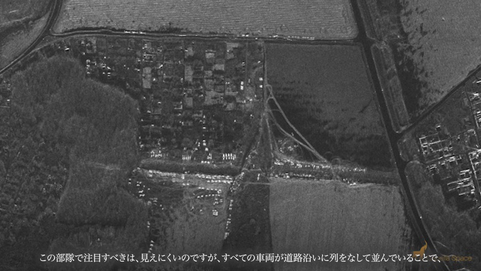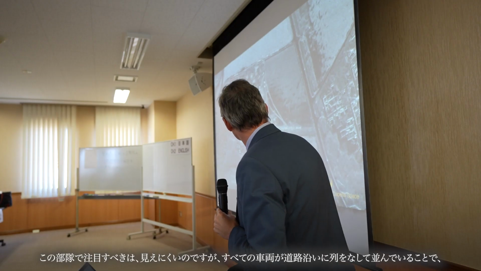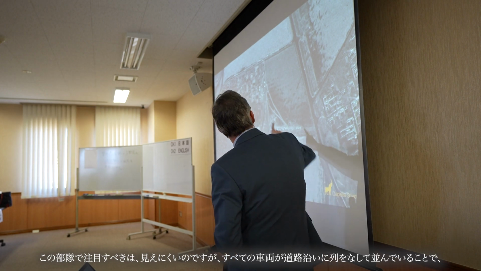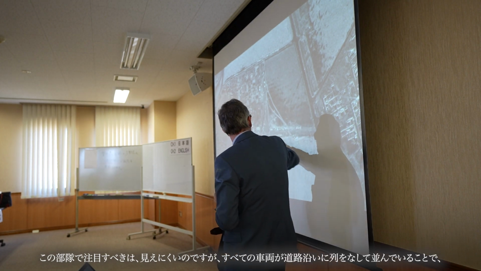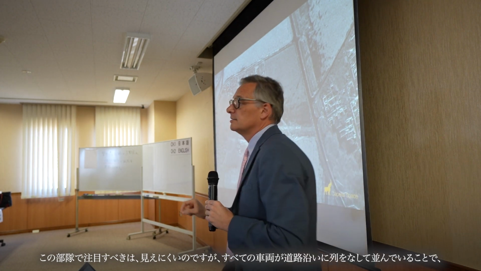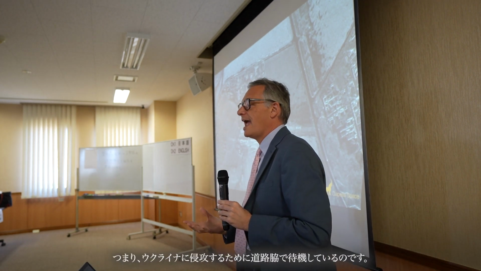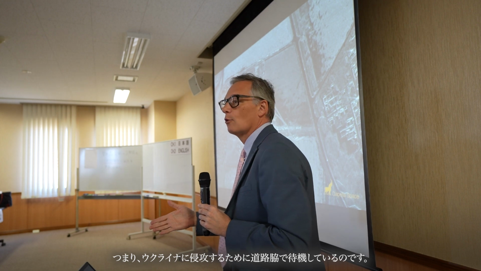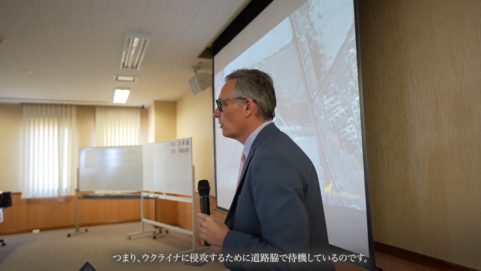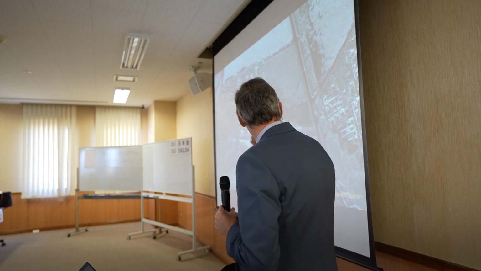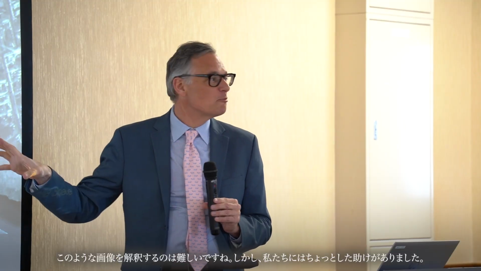And what was notable to us about this unit is that all the vehicles, it's hard to see, but all the vehicles are lined up along roads in lines, which means that they're not parked in order to stay. It means they're waiting on the side of the road in order to invade Ukraine. It's hard to interpret an image like this. We had a little help.